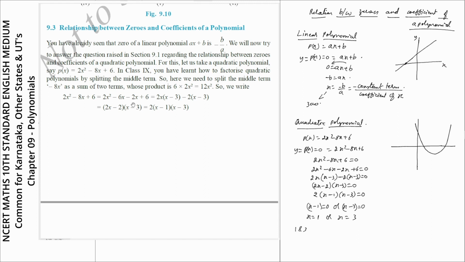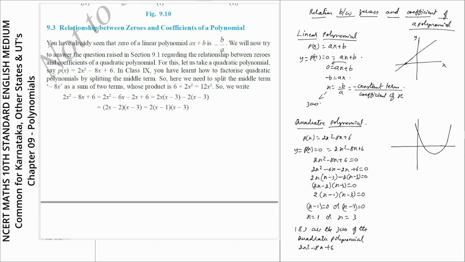So 1 and 3 are the zeros of the quadratic polynomial 2x square minus 8x plus 6. Zeros are also called the roots of the polynomial.